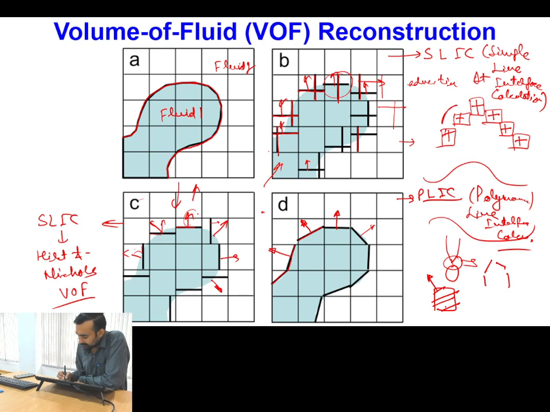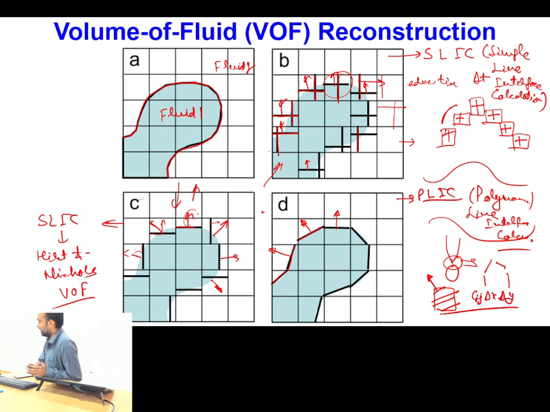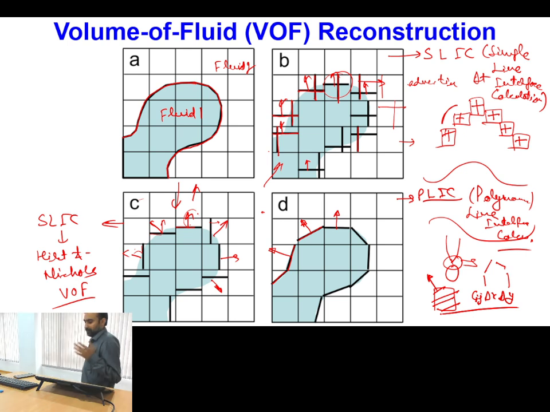This line location is selected in such a way that it covers an area equal to Cij times delta x delta y. The total area of the cell multiplied by Cij gives you the fraction of the area covered by fluid 1. That fraction should be represented in the particular cell. That's how the location of this particular line is selected. Is this point clear?